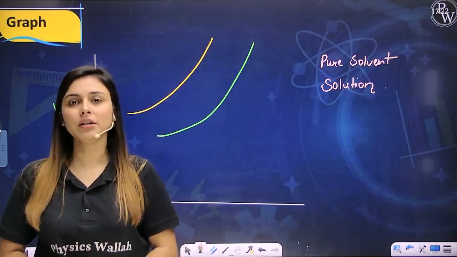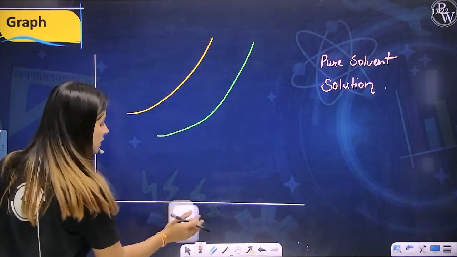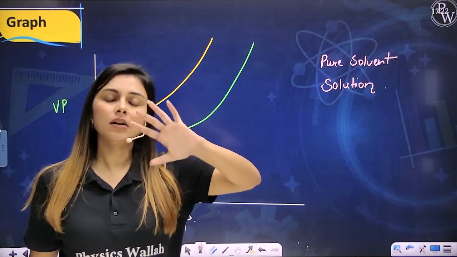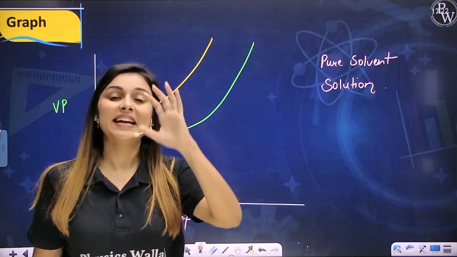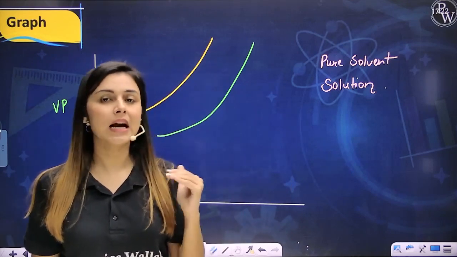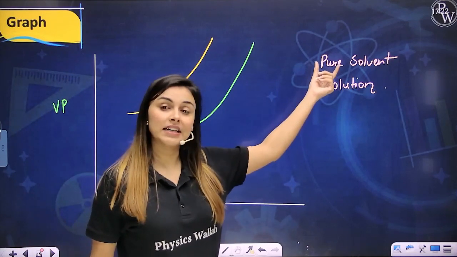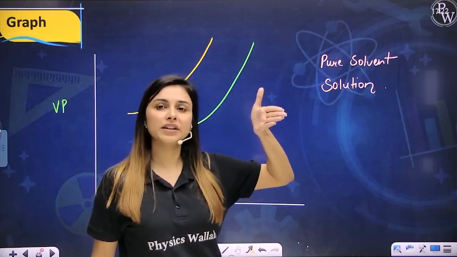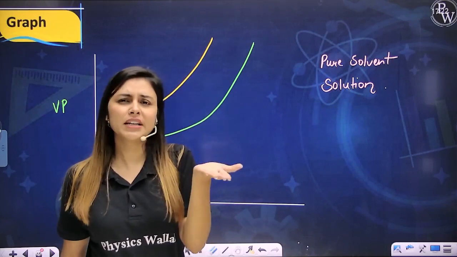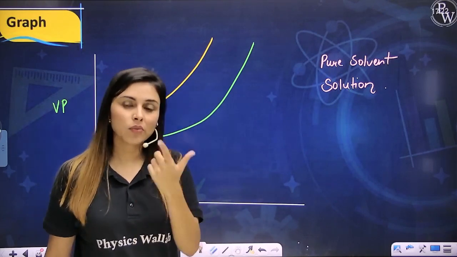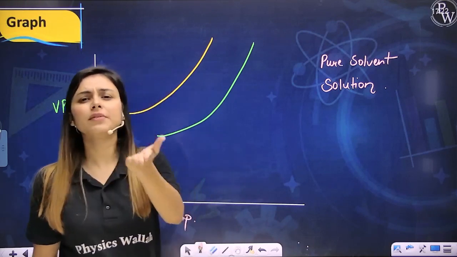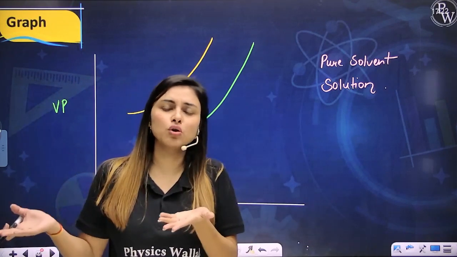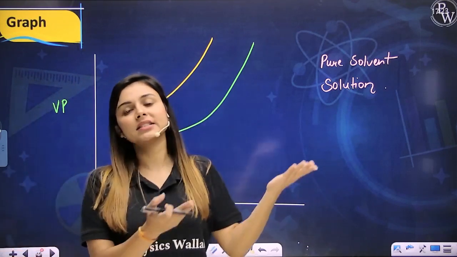Let's say I started heating my pure solvent and my solution, and at a fixed temperature, let us say 50 degrees Celsius, I stop heating both of them. The one with more vapor pressure will obviously be my pure solvent, and the one with lesser vapor pressure will be my solution, because for a pure solvent, vapor pressure is more at a particular temperature as compared to the solution, right?